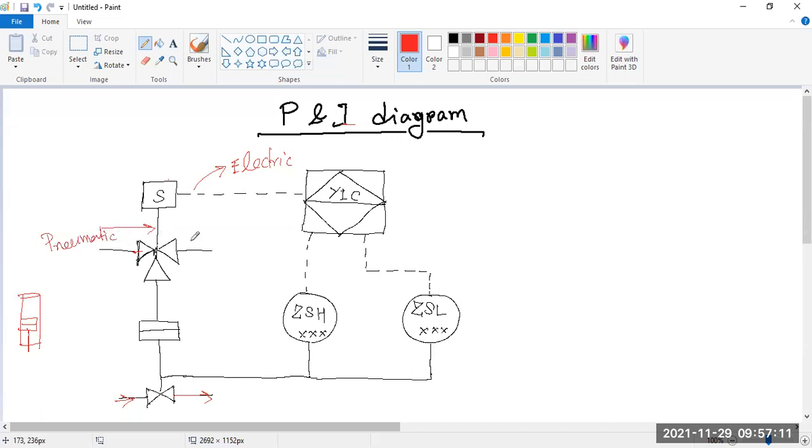So you can see here it is converting; this is an I to P converter. Here a conversion action also occurs, and now this signal is coming from this area. So just remember these symbols. Could you remember this?